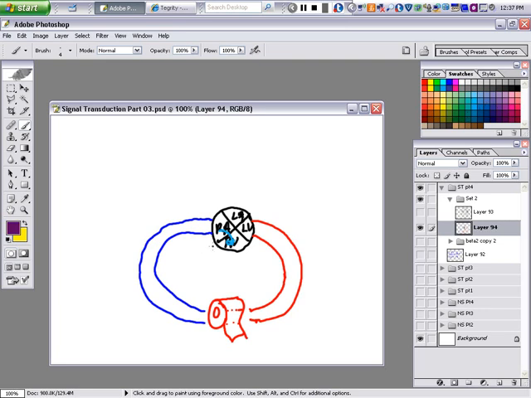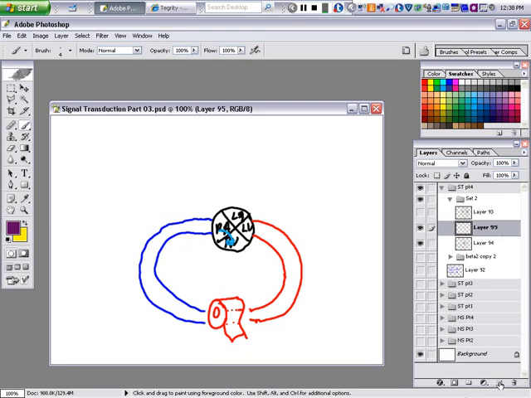I'm going to make it purple because I just need you to be able to see this. So from the right ventricle, the blood goes here.